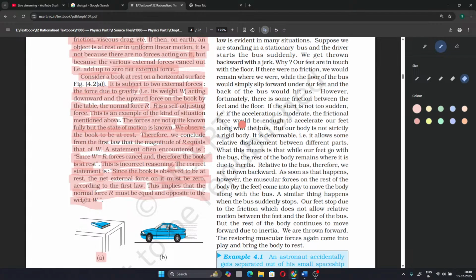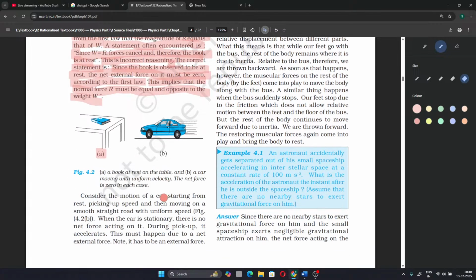If the net external force is zero, we know there is a gravitational force acting on it downward, and we also know there is a normal force acting on it upward. So if the net external force is zero, this implies that the normal force must be equal to the weight, the gravitational force.